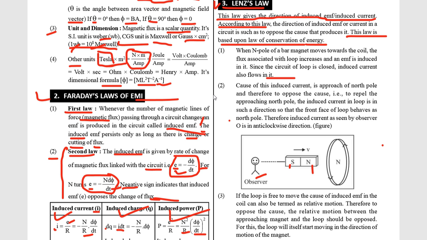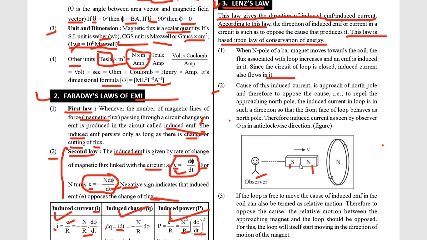So let's see here the second point. The cause of this induced current is the approach of the north pole, and therefore, to oppose the cause, it must repel the approaching north pole. The induced current in the loop is in such a direction that the front face of the loop behaves as a north pole, and therefore the induced current as seen by observer O is in the anti-clockwise direction.